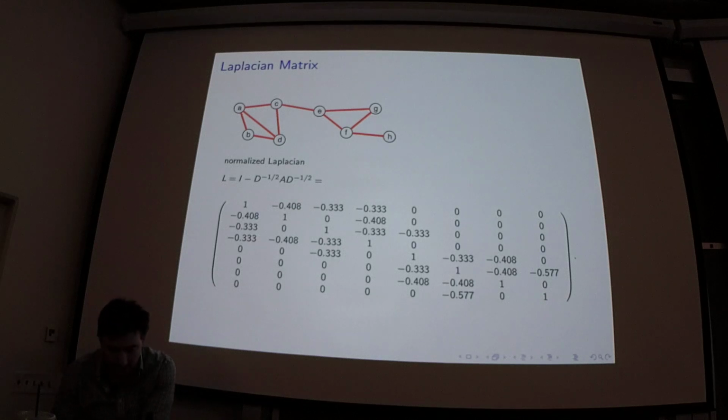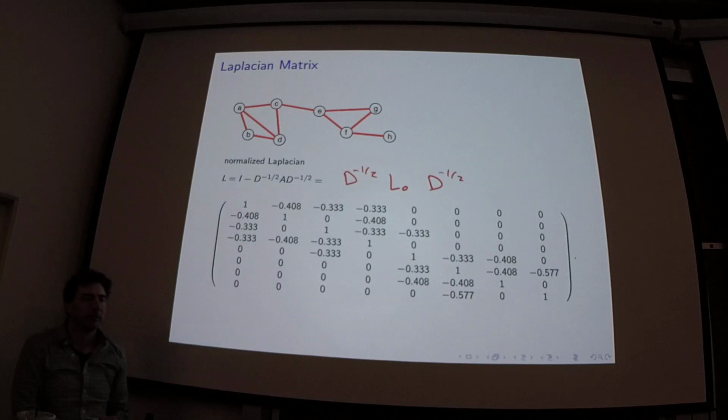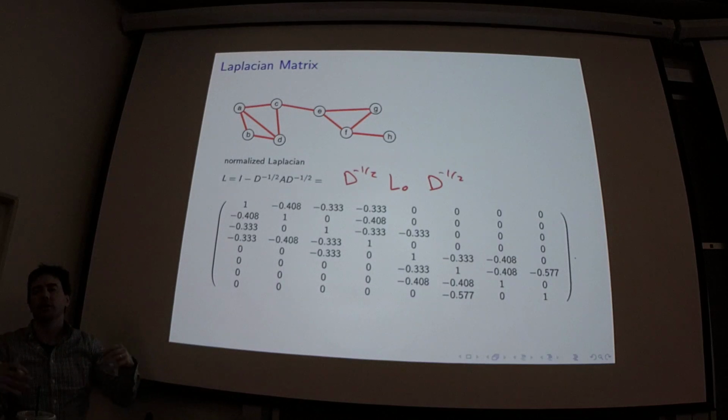This turns out to be equal to D to the minus 1/2 of the normalized Laplacian D to the minus 1/2. So I'm basically normalizing the values on each node by its degree.